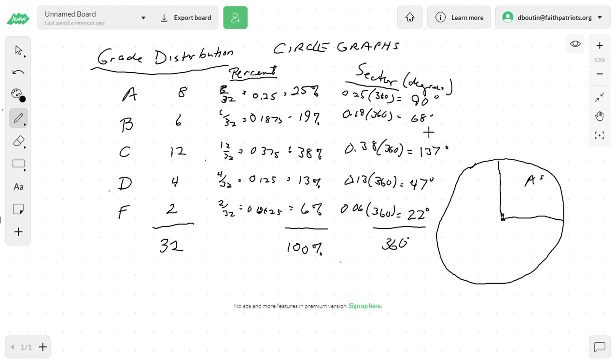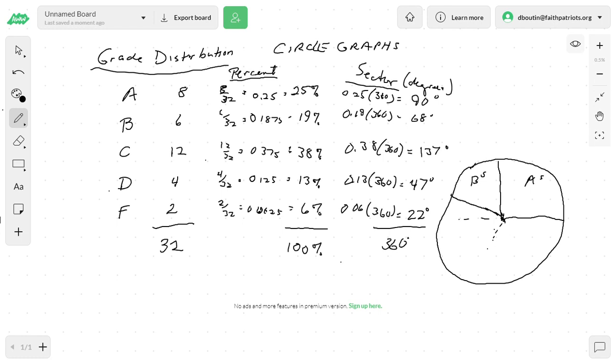The next one is 68 degrees. So if I came down from here and came straight out like this, that would be another 90 degrees. So 68 might be something like this. Those would be the B's. Next we have 137 degrees. Again, from this line, if I come out like this, that's 90.